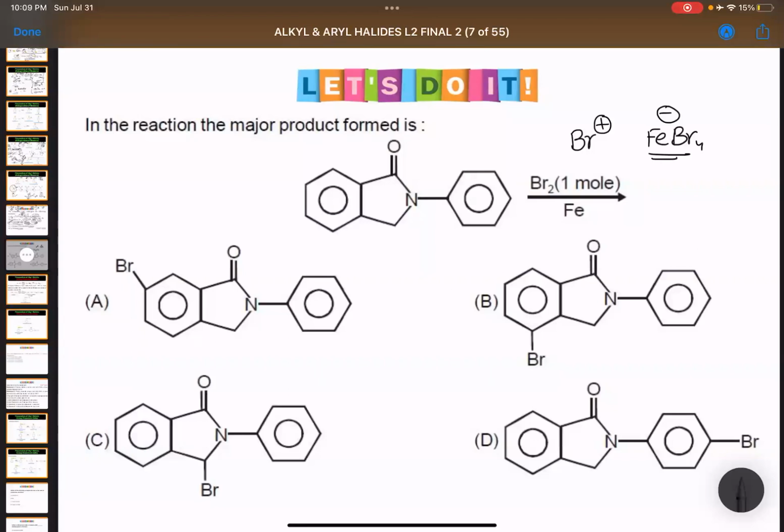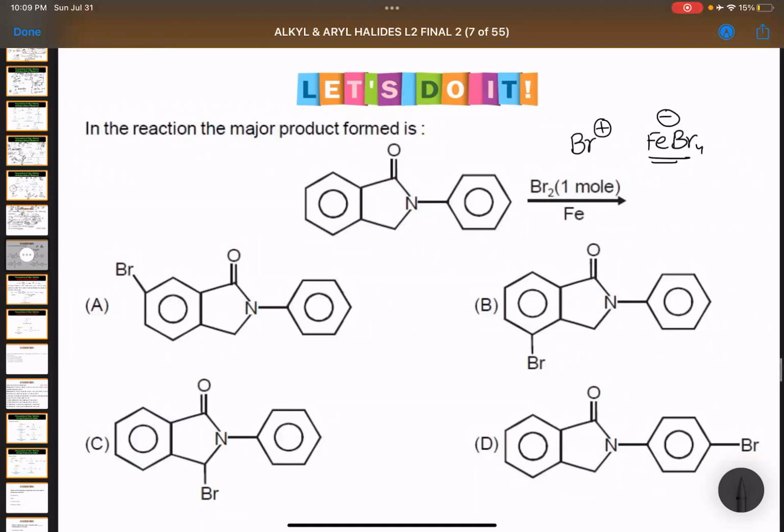So there are two rings. First of all, you need to decide which ring is more electron rich. I told you the trick. You don't have to look at the entire molecule. You just have to look at the group which is directly connected to the benzene and how that group is interacting with the benzene.